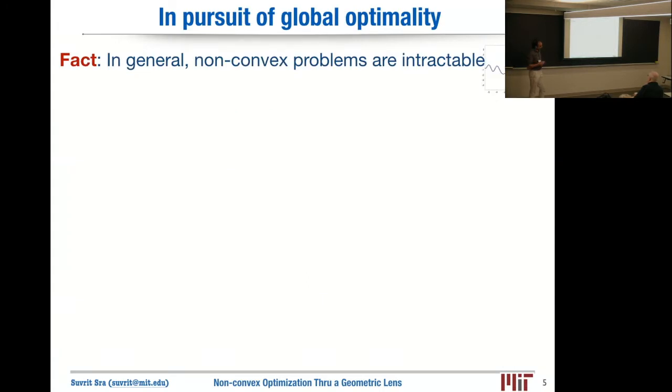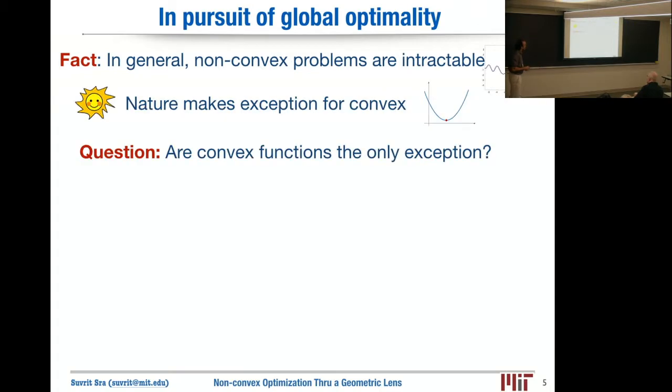But nature makes an exception for convex problems because essentially local equals global. The rhetorical question here is, are morally convex functions the only exception? Of course, a fortiori, literally taken, this is not true, right? We have stuff that happens in combinatorial optimization, etc. But this is a rhetorical question because even there is some hidden notion of convexity.